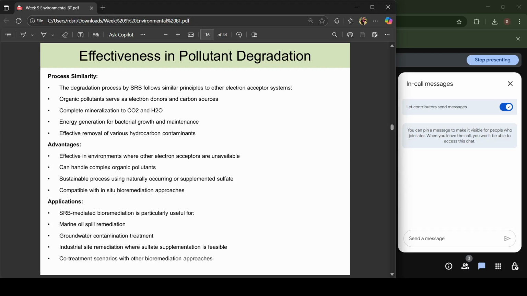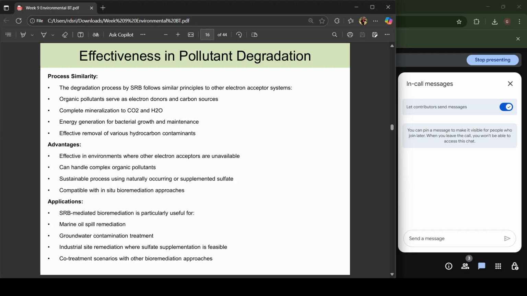So the effectiveness in pollutant degradation when using sulfate reducing bacteria can be discussed using the process similarities. The degradation process by the sulfate reducing bacteria follows similar principles to other electron acceptor systems. So here, first of all, there will be some organic pollutant which will be utilized by the bacteria to generate carbon and electrons. That is why that organic pollutant is known as a carbon source and electron donor.